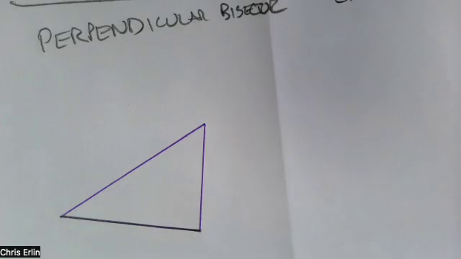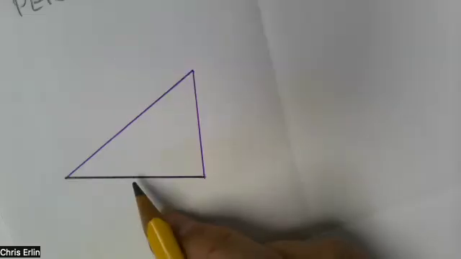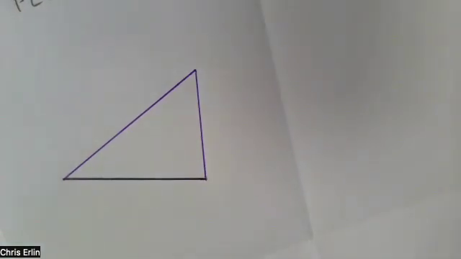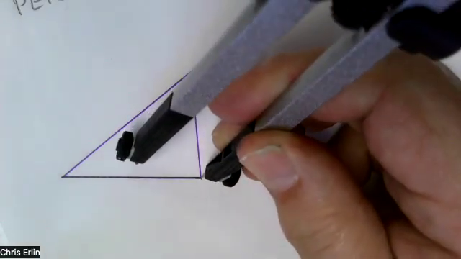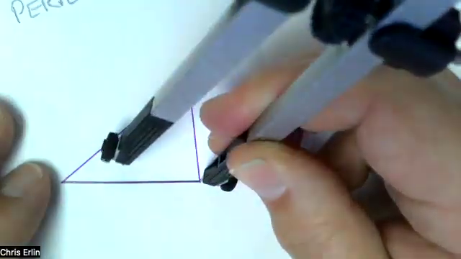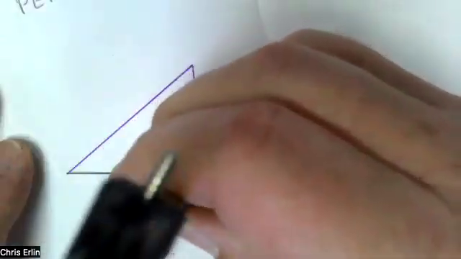What are the features of a perpendicular bisector? How do I draw it? I'm going to find the middle point here, and I need to go up perpendicular to it. In terms of constructions, we have a skill that we've used many times to do this. You may remember we put the needle on the end, and how far do we open this? Good, a little more than halfway, and then you make an arc.